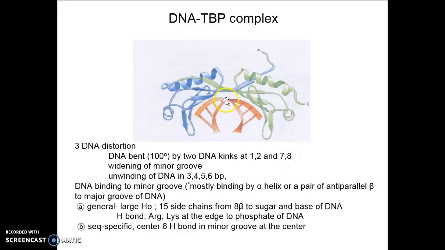This region corresponds to the minor groove, but this region was widened as a result of binding. Also, some unwinding of DNA was found at base pairs 3, 4, 5, 6.